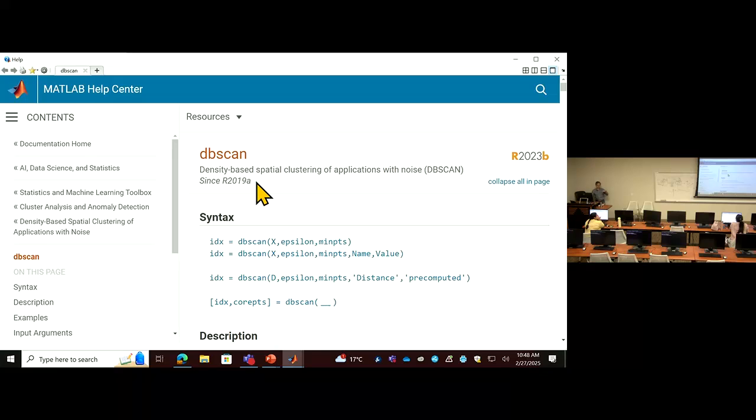So if you use a previous version, say 2018, you don't have this implementation. This is a relatively new function, dbscan, for density-based spatial clustering of applications with noise. You need two parameters. One is epsilon, and the other is the minimum points.